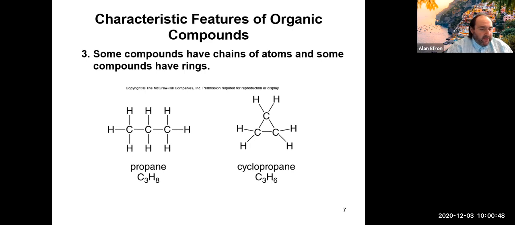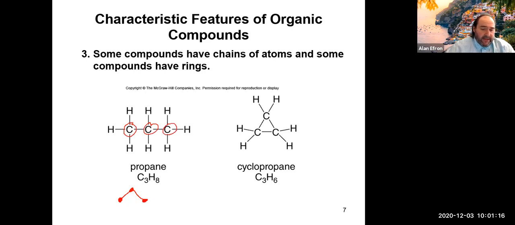Now, when we talk about organic compounds, some organic compounds are sometimes referred to as straight chains. What that means is essentially it is just a straight run of carbons and hydrogens bound together. This also could be represented in line structure. It would look something like that. And this would be one carbon here, two carbons here, and three carbons here, which would represent one, two, and three carbons.